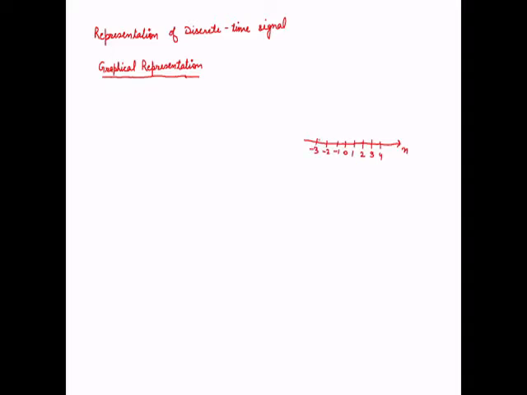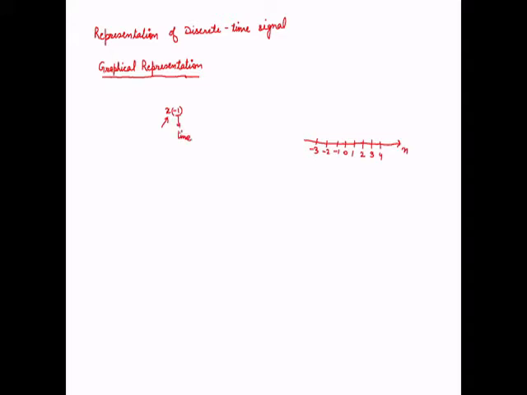So if I am going to define that a signal is having a value at x of -1, sorry, x[-1], it means this x is representing the signal, or the amplitude on the y-axis, and n is going to represent the indexing term, time indexing we can say.